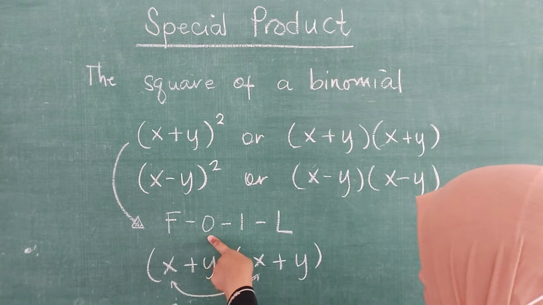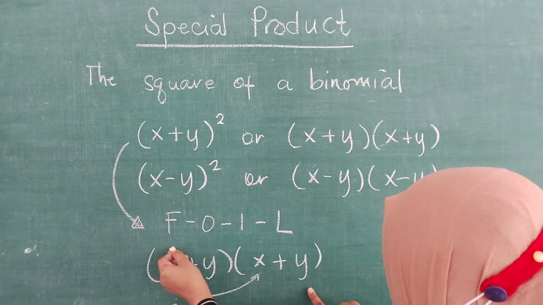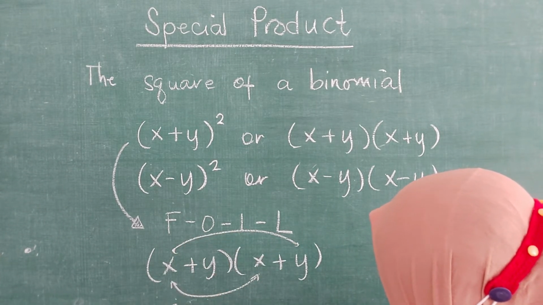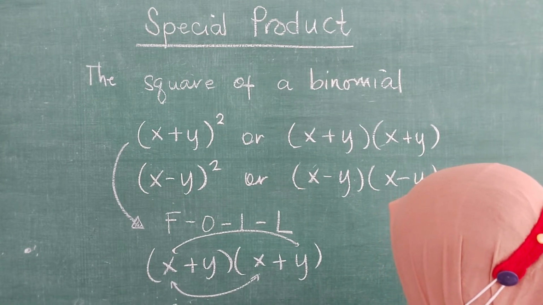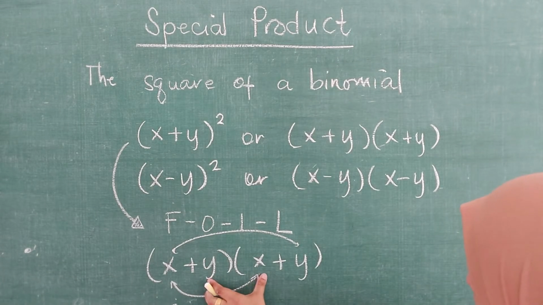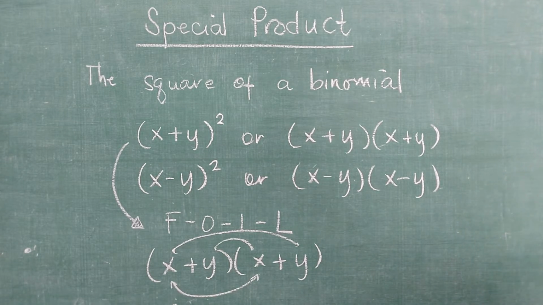Next, for the outer term, x times y is equals to xy. Next, for the inner term, y times x is equals to xy. For the last term, y times y is equals to y squared.